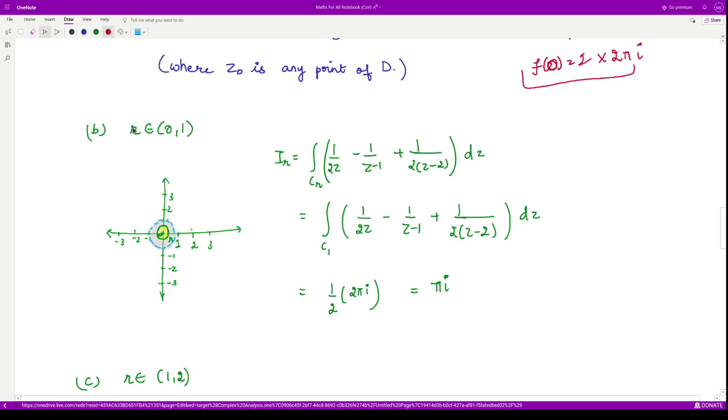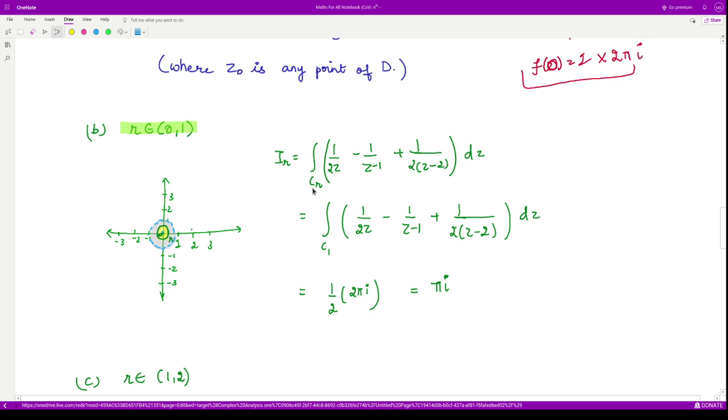For the second part, we have r in the region 0 to 1. So basically our r varies from 0 to 1. So we can have any value of r in this gray portion. So I have assumed this circle to be r. So for the current case, this yellow shaded portion is the given region, and this boundary could vary in this gray region.